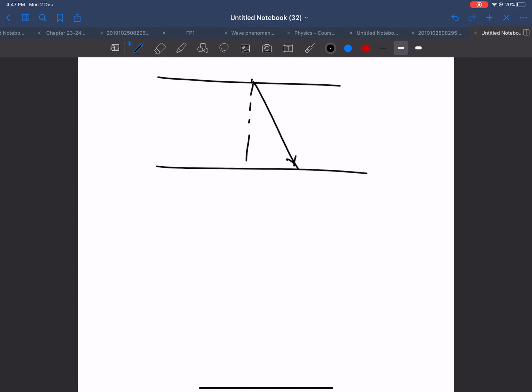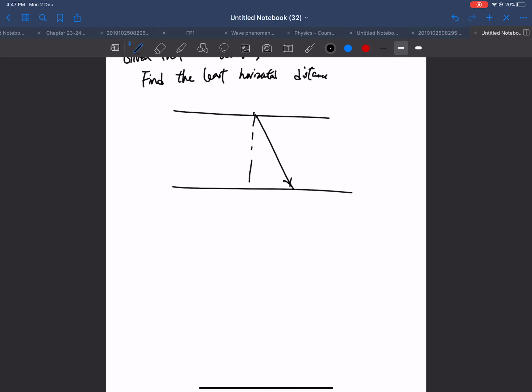Can you try? This one is really, really difficult.